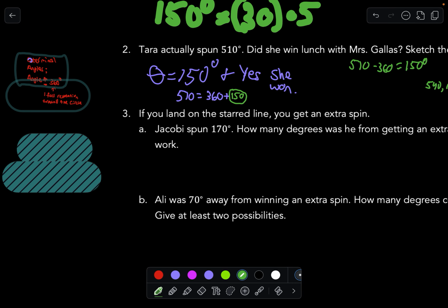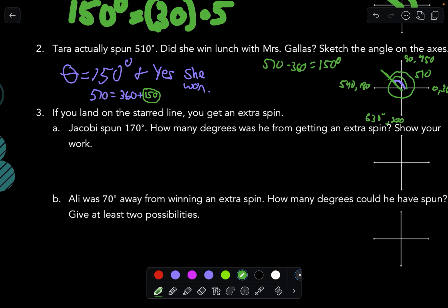Jacoby spun 170 degrees. How many degrees was he from getting an extra spin? So let's figure this out. We got 0, 90, 180. You win if you land on the x-axis. He spun 170, which would put you right there, where this is 170 degrees.